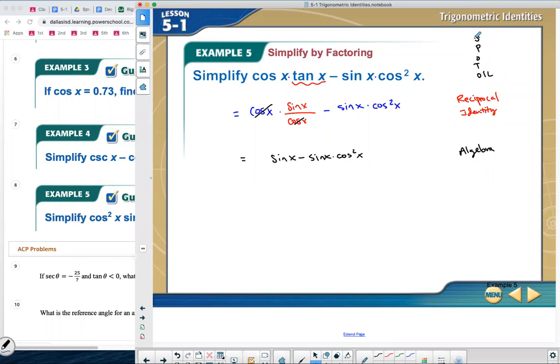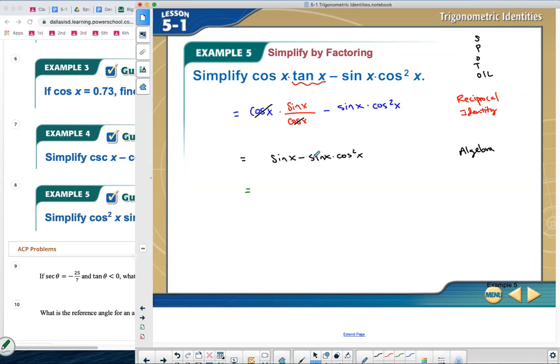So now I start over again. Can I simplify or factor? S stands for simplify or factor. Is there any GCF or anything that cancels here? I can't subtract because this is sine, and this is sine cosine squared. It's not the same, so they're not common terms. So I can't subtract, but I can do a GCF. What do these both share? Yes, x, but trig function.